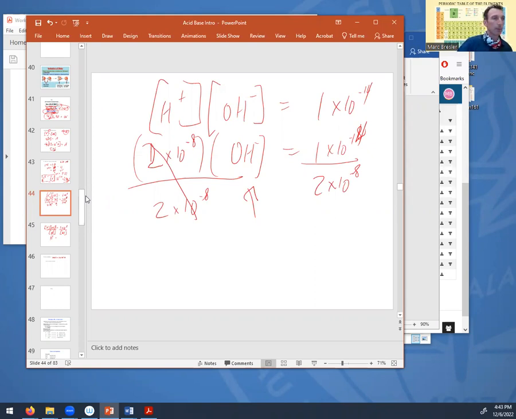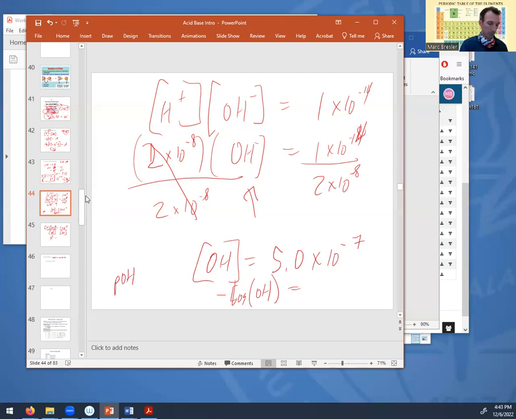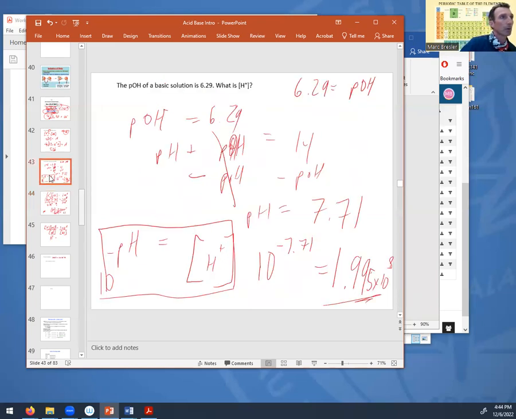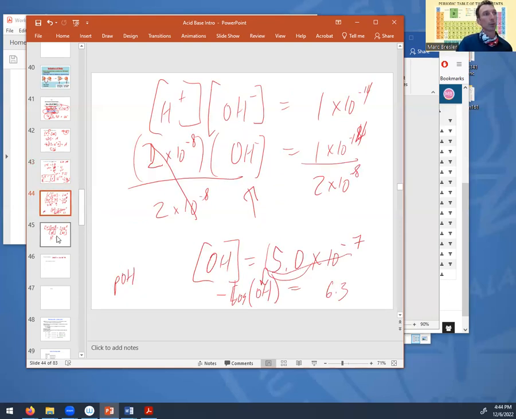And that's going to be 5.0 times 10 to the minus 7. And if you take the negative log of this OH, you should get back what you started with, the pOH, which is 6.3. Is that what we started with? Yeah, 6.3. So if you can go through the full circle, that'll be a really good exercise.